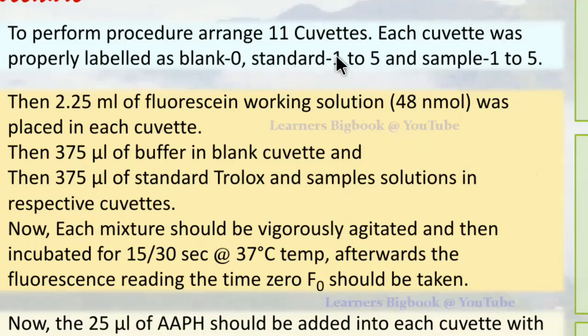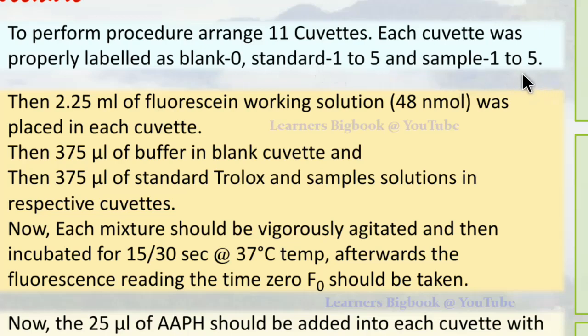Out of this, one will be the blank, other 5 will be the standard reference Trolox, and another 5 will be the sample which we already spoke about in the previous slide. That is 5 standard Trolox from 0.625 to 100 micromoles, and here it is 5x to 10x folds.